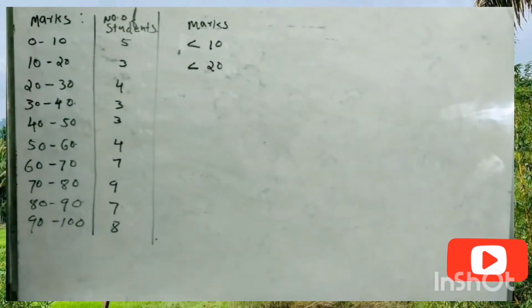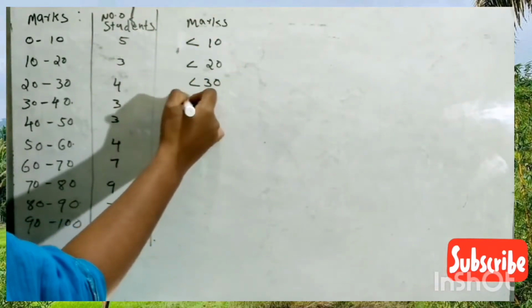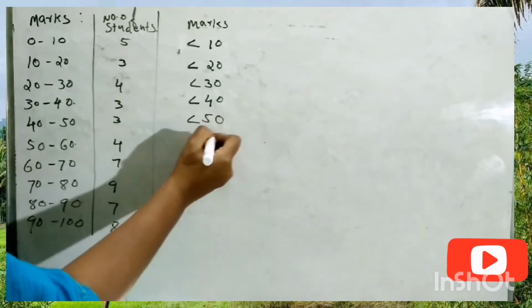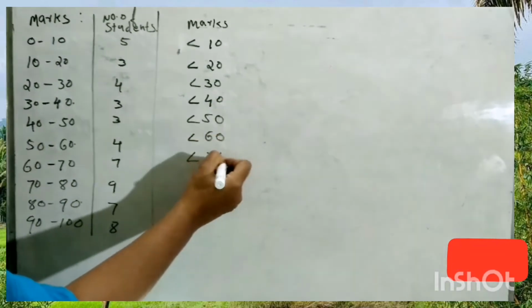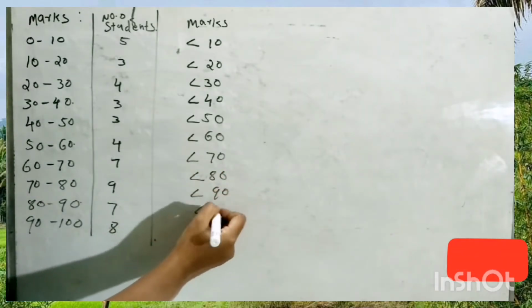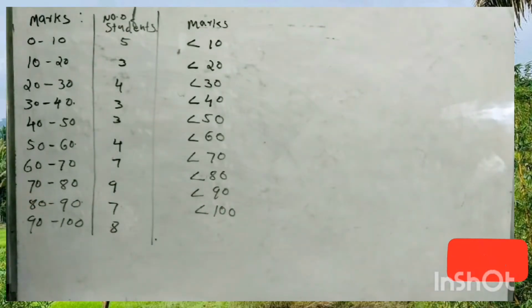Instead of 0 to 10, 10 to 20 and 20 to 30, we will write the class intervals in terms of upper limit: less than 10, less than 20, less than 30, less than 40, less than 50, less than 60, less than 70, less than 80, less than 90, and less than 100. Now we need to find out the frequency corresponding to this.